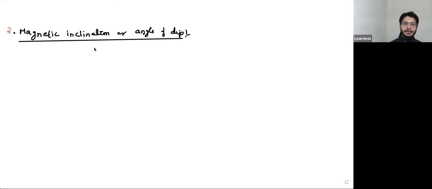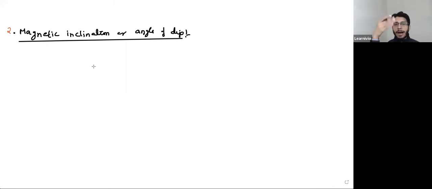See what is inclination and what is angle of dip. Just guess in which plane your magnet should rotate. It will rotate in the geographic meridian or it will rotate in the magnetic meridian. Your magnet will rotate in a plane where the magnetic field exists. So in which plane does the magnetic field of Earth exist? The Earth's magnetic field doesn't exist in the geographic plane.